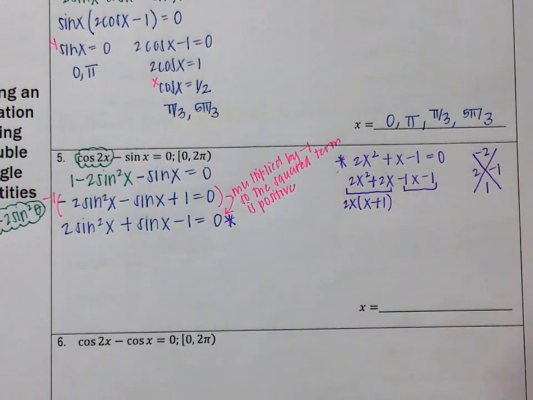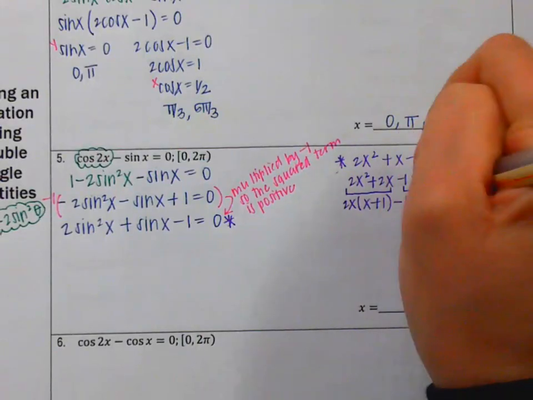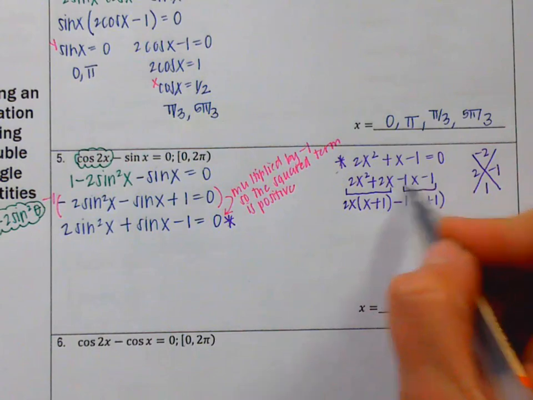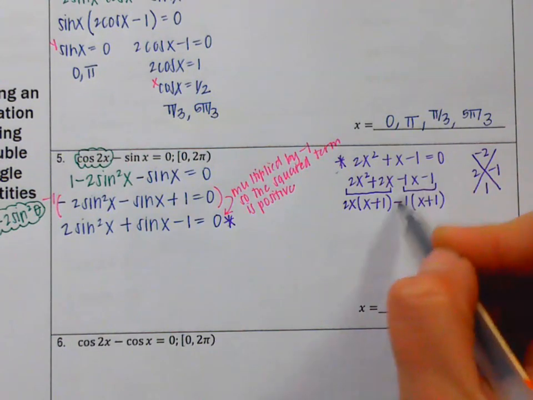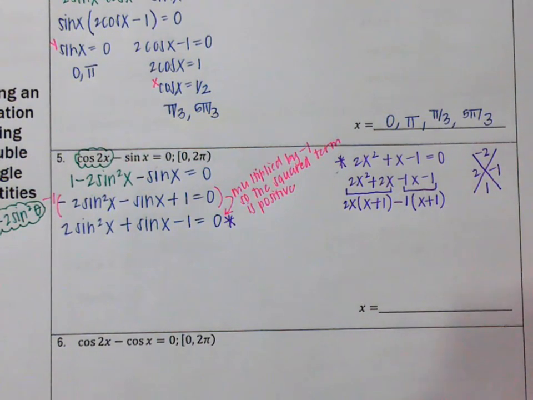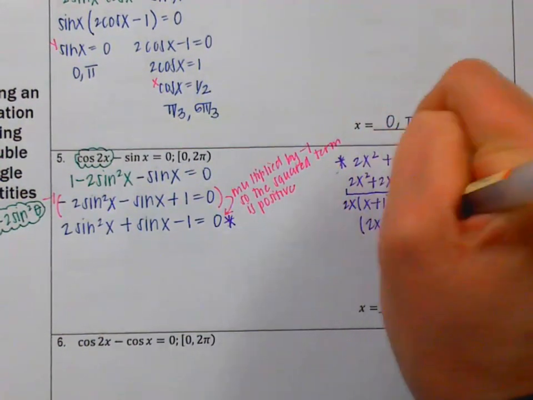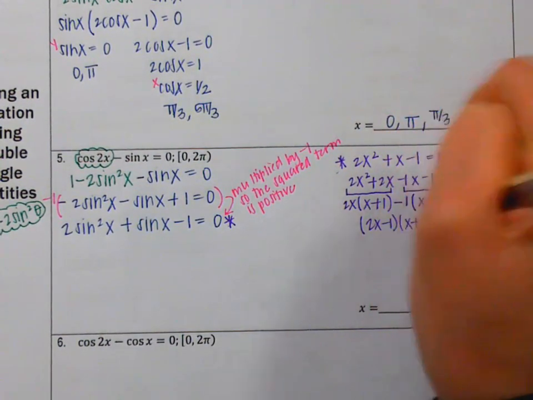From negative 1x minus 1, we always bring down our middle sign. Now, there's nothing that I can factor out, but you can always factor out a 1. And then I'm left with x plus 1. Because if I factor out a negative 1, that gets me a positive x, and a negative 1 divided by a negative 1 also gets me a positive x. So then my two factors are 2x minus 1 over x plus 1.